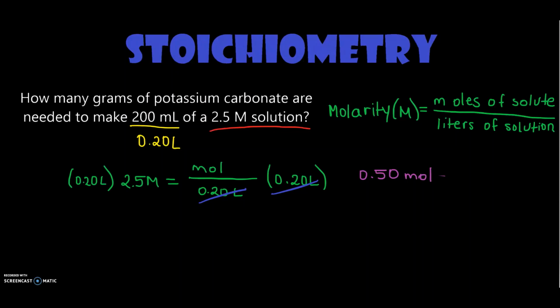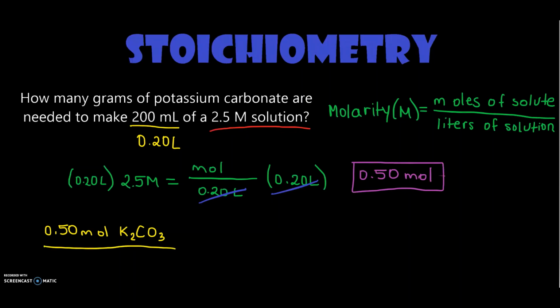in which then we will be able to use the moles to deduce the amount of grams that will be needed in the whole reaction, as we want to figure out the grams of potassium carbonate. So we will start off with 0.50 moles of K2CO3, which is the whole chemical, over 1. And with our different pathways, it will be the molar mass over 1 mole.